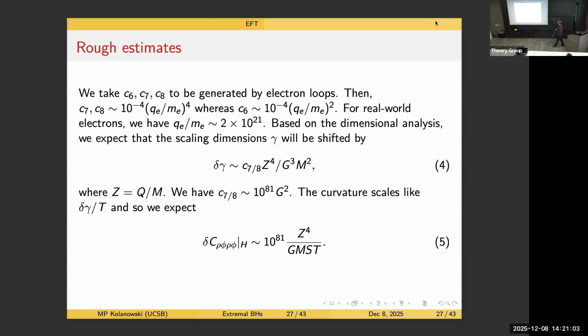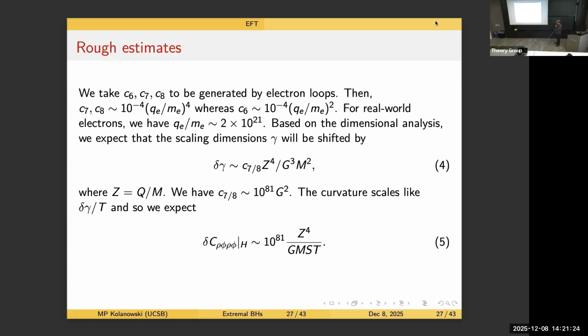Okay, so this is what we expect, and here are the numbers that appear. Q over M is going to be very small for real world black holes, but on the other hand, we have this crazy 10 to the 81 coefficient in front. So you can ask whether it's large or not.